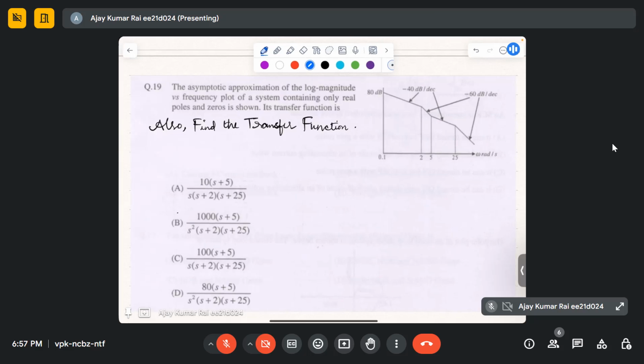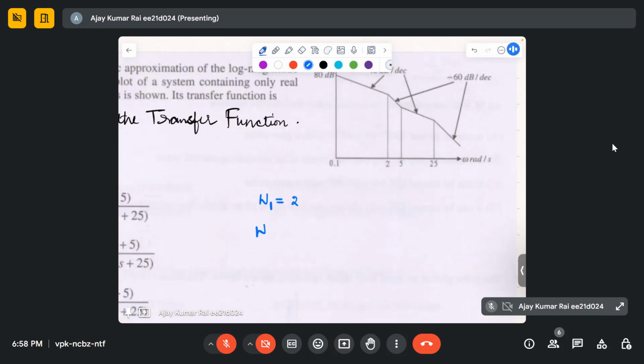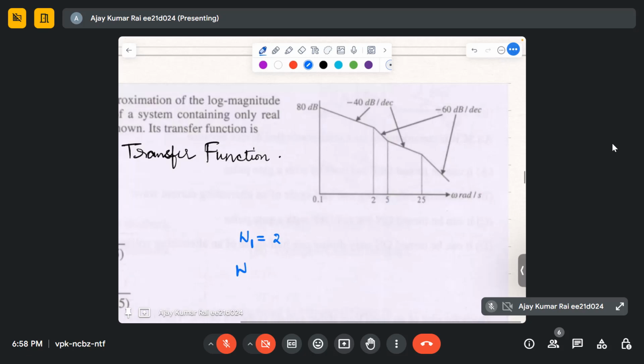You can see the corner frequencies where the slope is changing. You can clearly see the first corner frequency is 2. Let me just zoom. At 2, the slope is changing from minus 40 dB to minus 60 dB.